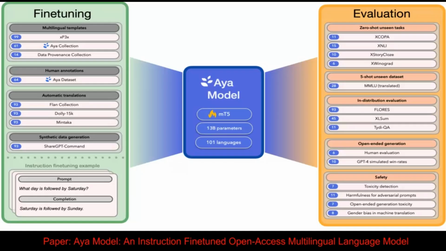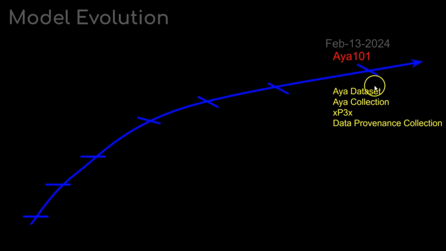What that means is when we fine-tune this MT5 model, it is fine-tuned with a dataset called an instruction fine-tuning dataset, which looks like this. So we have a question, and then we are training the model to answer that question. And then it has been evaluated on many different tasks that are shown here, and also for things like safety. This is at a high level what the Aya model is. Aya 101 specifically was released on February 13, 2024, so it's pretty recent.